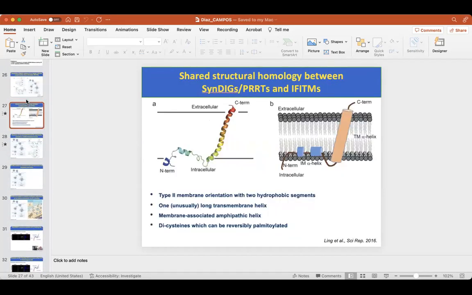In addition to this structure, these molecules also have two cysteines found here that are reversibly palmitoylated. And it's known that palmitoylation of transmembrane proteins is one mechanism whereby you can get incorporation into membrane subdomains, such as caveolin, right?